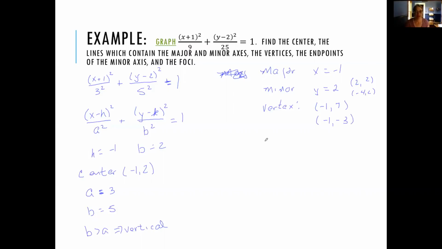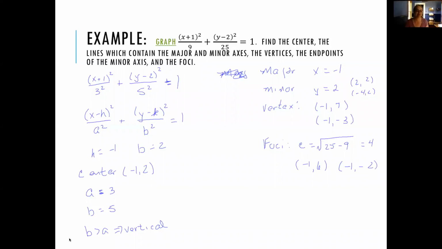Now to find my foci, I need to find c, which is going to be the square root of b squared minus a squared, so 25 minus 9. That's the square root of 16, which is 4, which means my foci are 4 units above and below my center at the points -1, 6, and -1, -2.